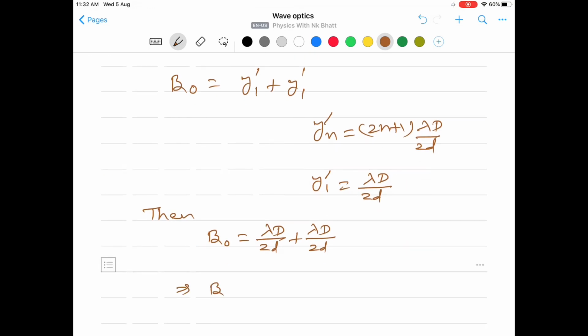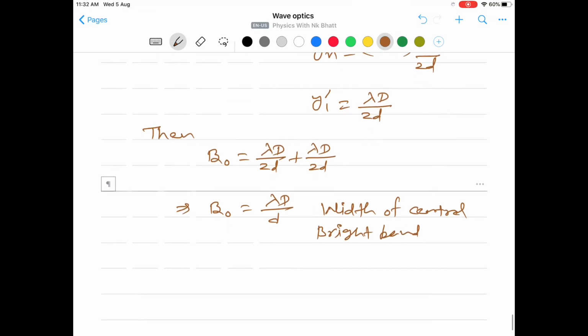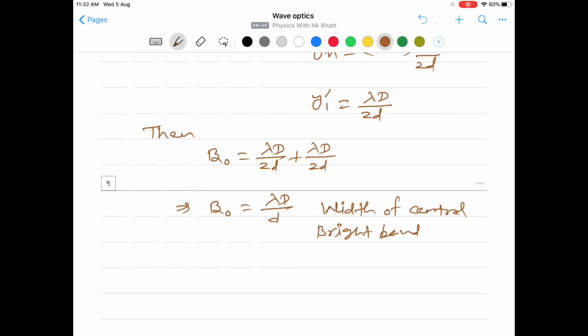So it comes to beta naught is equal to lambda D upon d. This is the width of the central bright band.